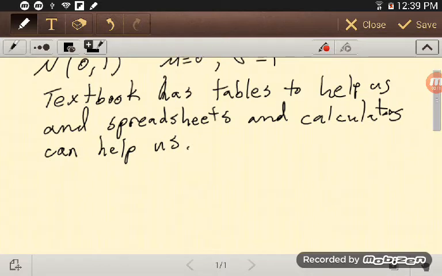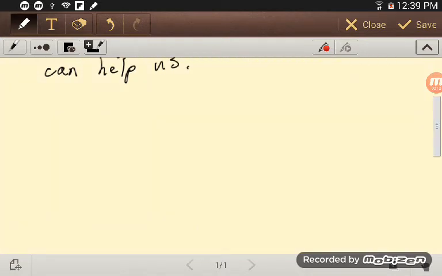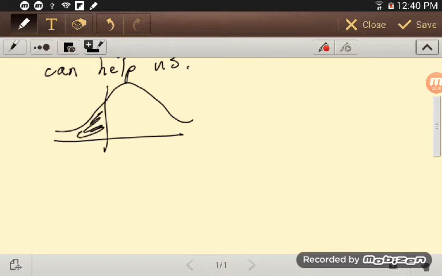And so in our table, in the back of the book, it's Appendix C. You go down, and it has one table for negative Z, and it shows this sort of picture.